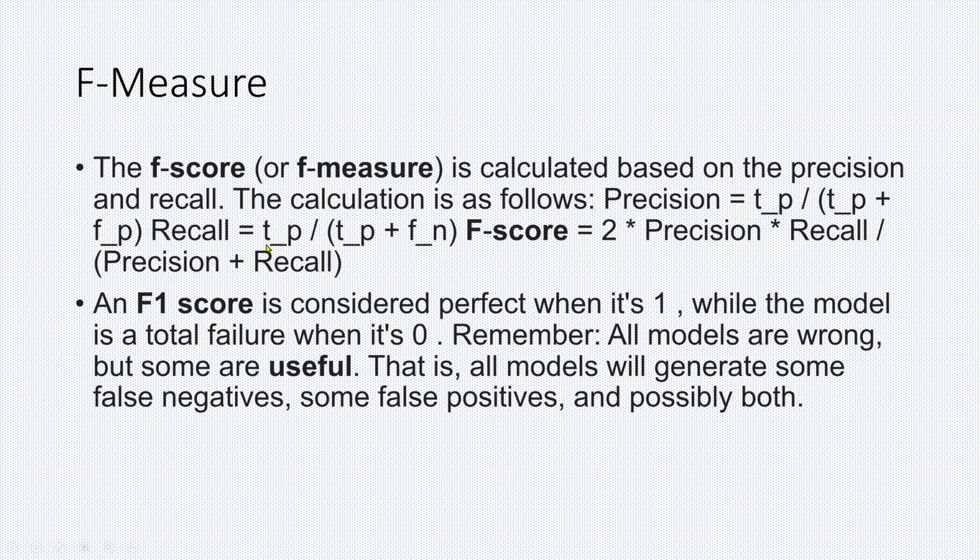Recall is true positive over true positive plus false negative. Then the F score is 2 times precision times recall divided by precision plus recall. The F score is considered perfect when it's 1, while the model is a total failure when it's 0.